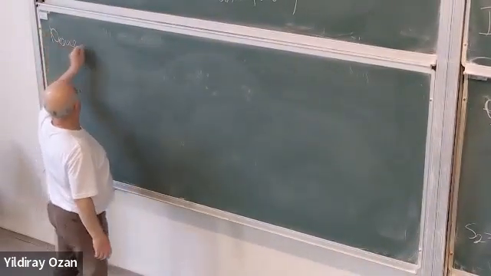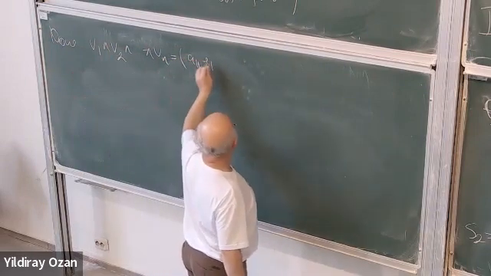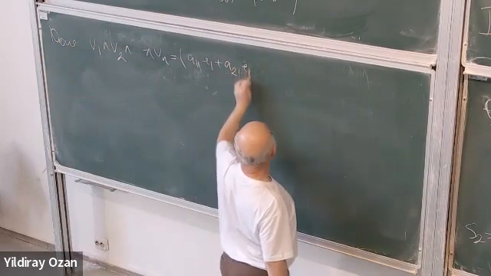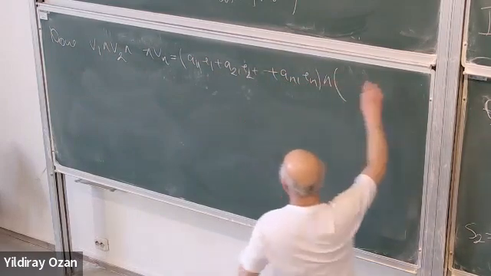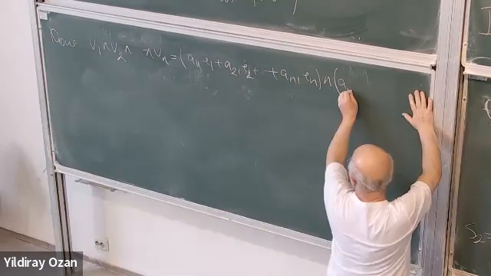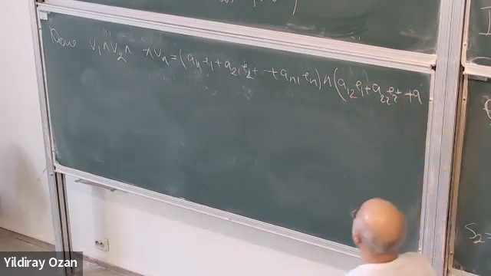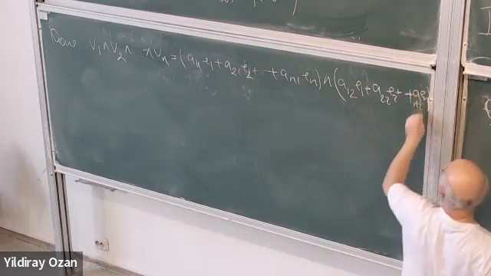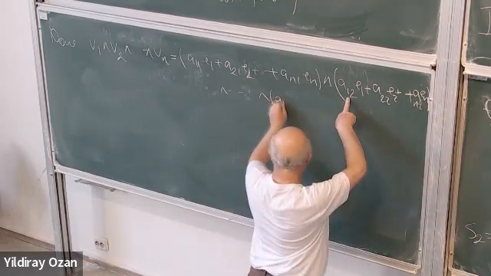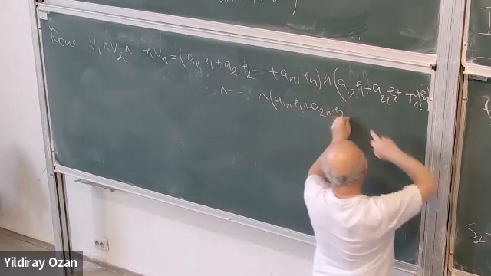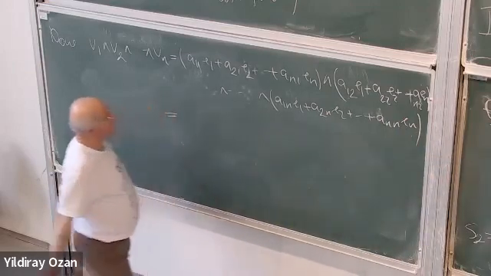V1 wedge V2 wedge up to Vn will be: this is A11 E1, A21 E2, up to An1 En, wedge product, second element is A12 E1, A22 E2, up to An2 En, and then we have the wedge product up to A1n E1, A2n E2, up to Ann En. And if you open this up, what will you get?